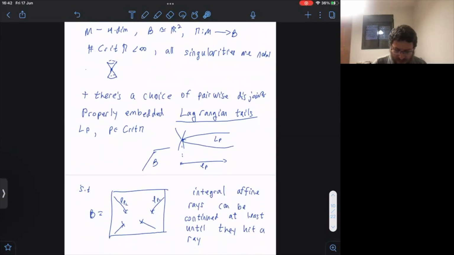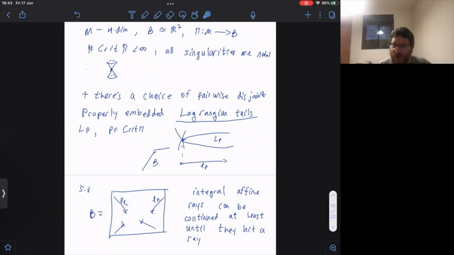Okay, and I'm not finished formulating the assumption. That thing induces an integral affine structure on R2, and since you have singularities, this is not the standard integral affine structure, because when you go around a singular value you get some monodromy, which I'm not describing here. Now the assumption about Lagrangian tails says that, if you think about it a little, each Lagrangian tail projects to a ray.